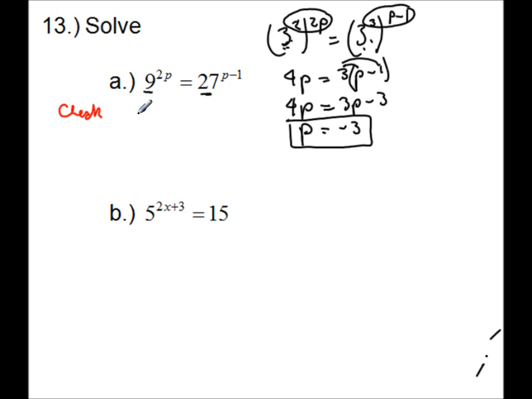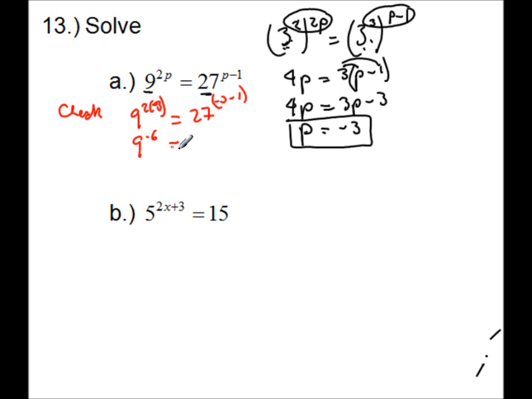So if you get 9 to the 2 times negative 3 equals 27 to the negative 3 minus 1. So then this ends up being 9 to the negative, what is that, negative 6.